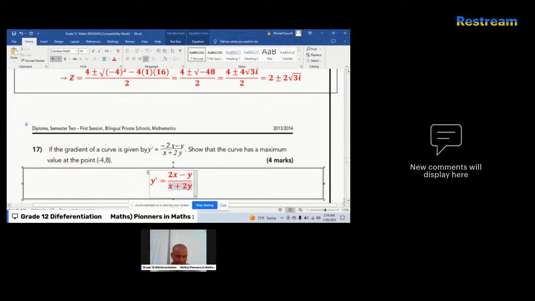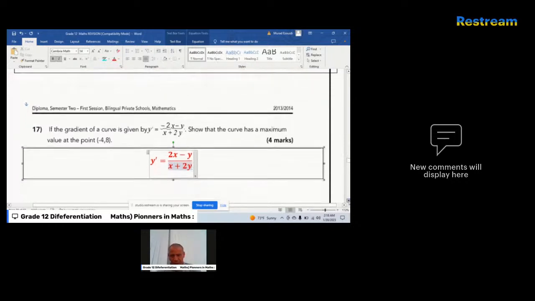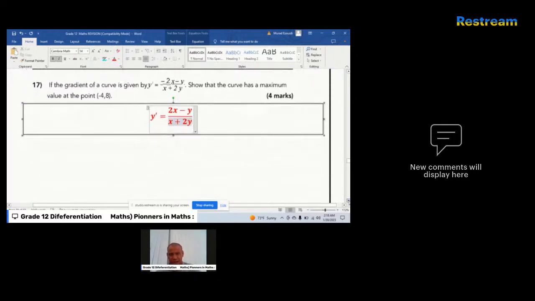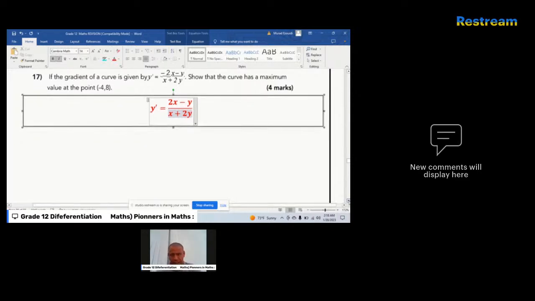The question tells you that the gradient of the curve is given by this, and to show that the curve has a maximum point at the point -4, 8. First of all, if I change x by -4, 2 times -4 is -8, it will be -16.